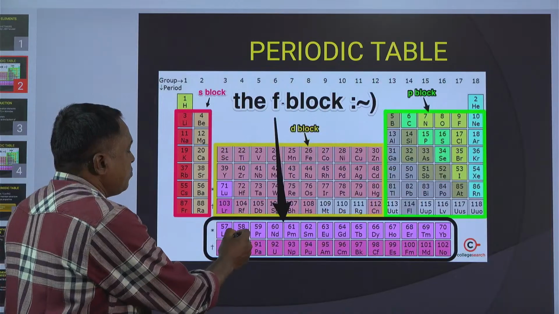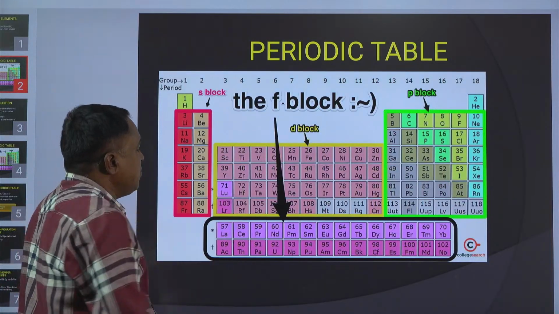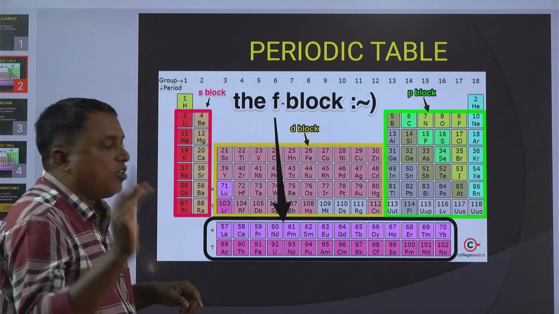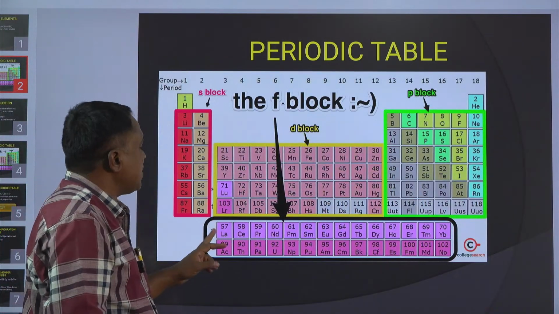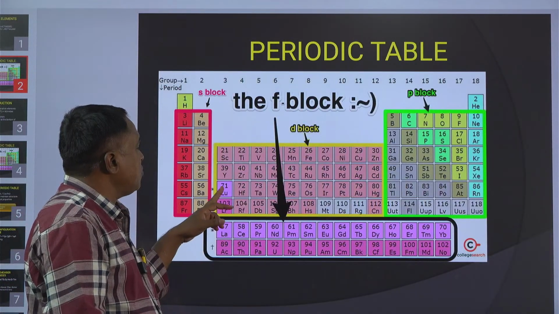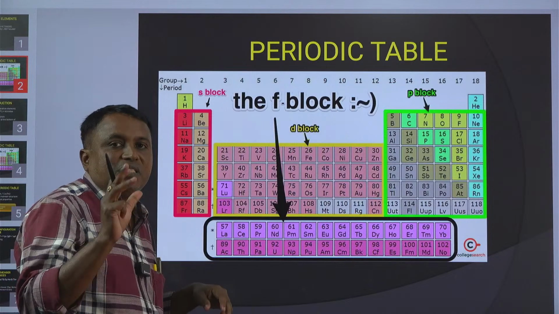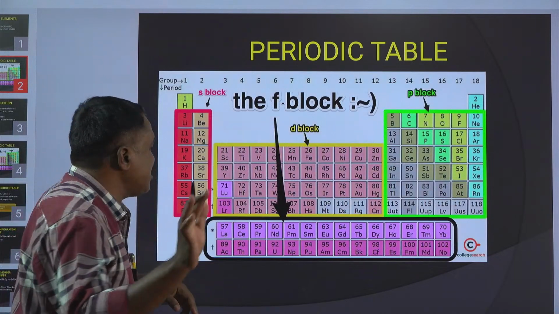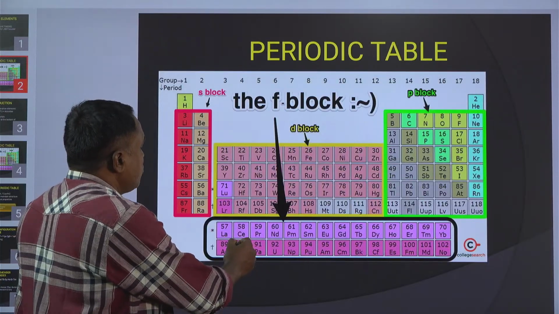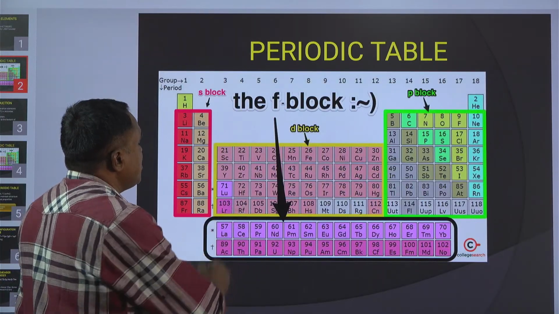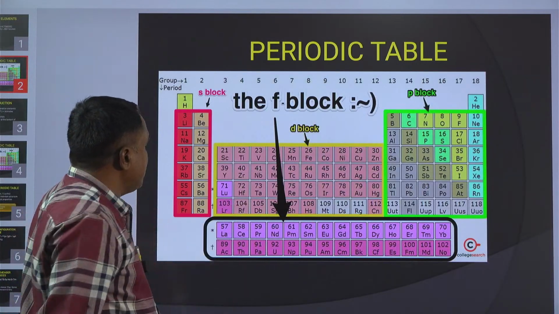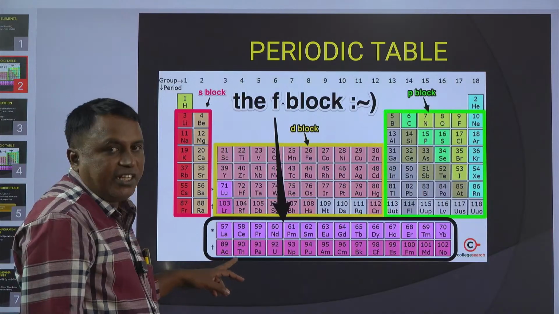This is cerium and this is lutetium 71. From cerium 58 to lutetium 71 there are totally 14 elements. They are called the first inner transition series. And the second inner transition series is from thorium 90 to lawrencium 103, the elements after actinium.